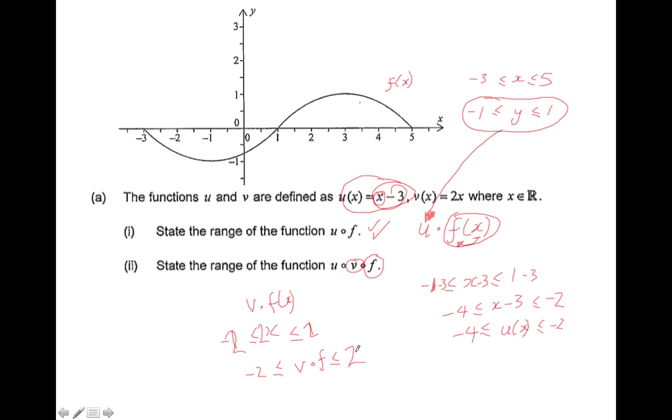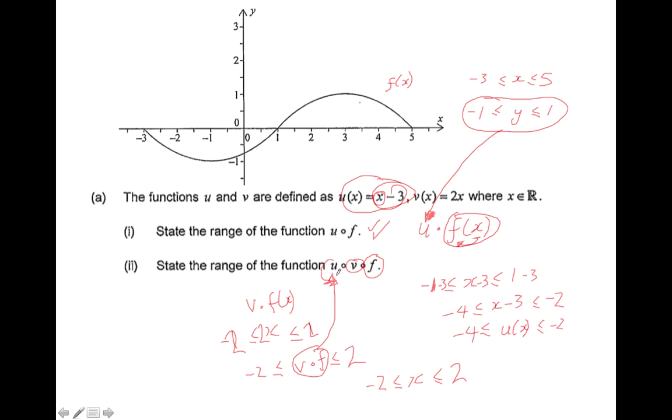But now -2 to 2 forms the input into the function u. So -2 again is less than or equal to the x input into the u function is less than or equal to 2.